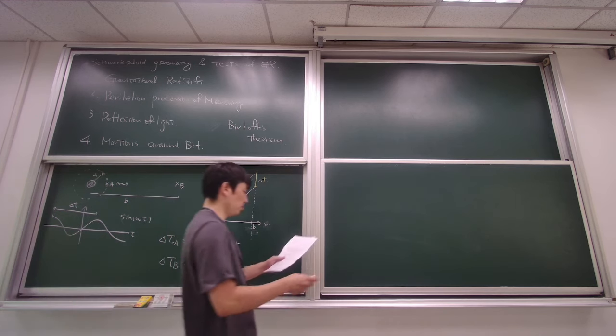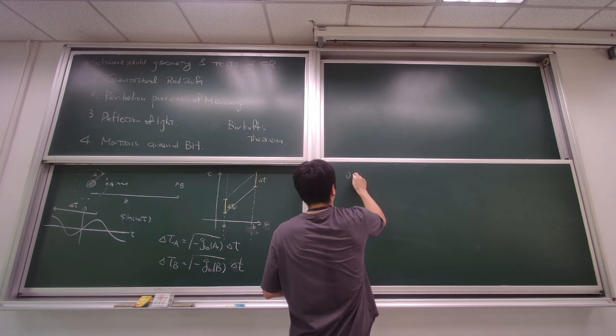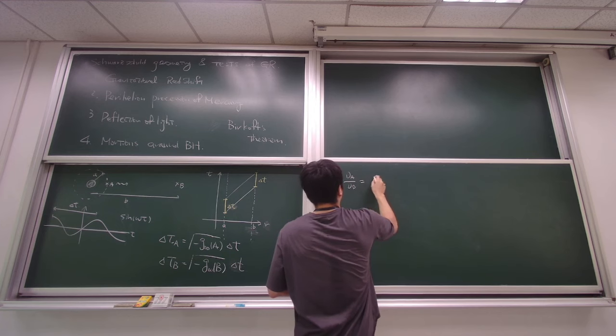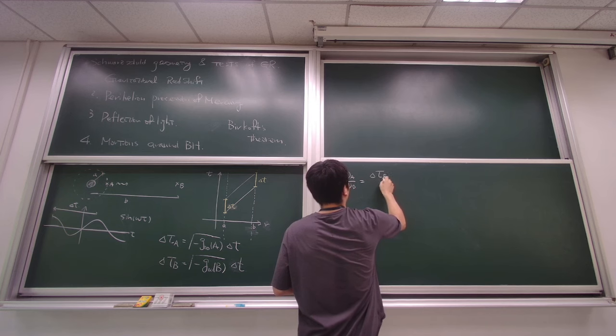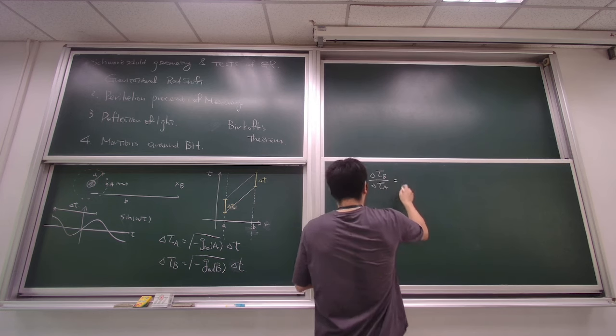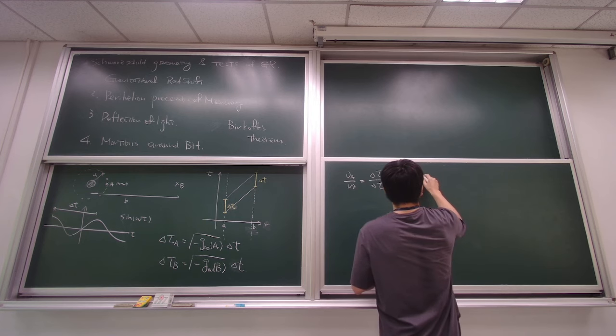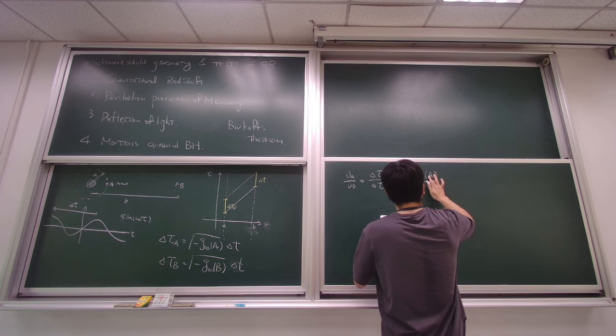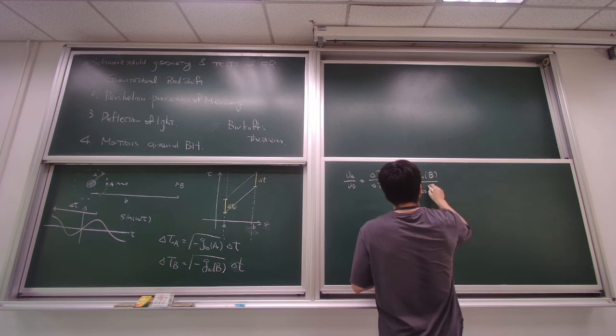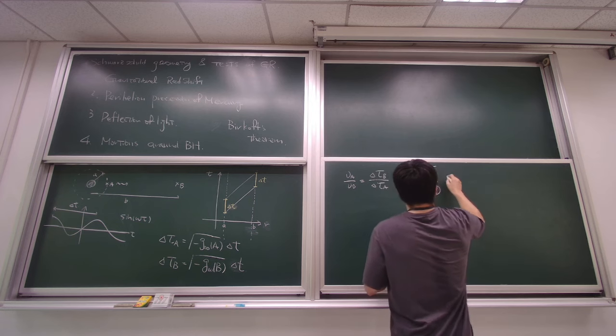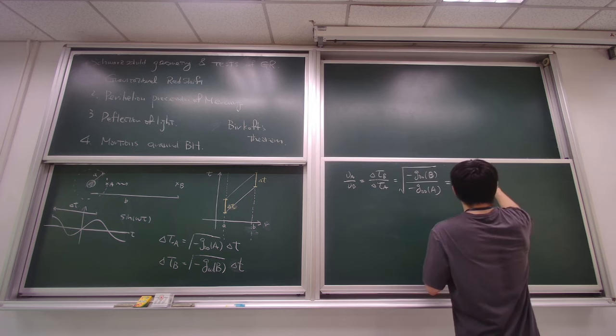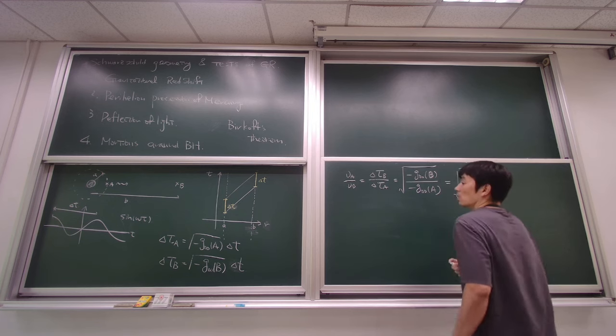Therefore, if you compare the frequencies nu A and nu B, which are inversely proportional to the proper time, that gives you the ratio of the g00 components of the metric, B over A. Then it is the square root of 1 minus r_g over b, over 1 minus r_g over a, in the Schwarzschild metric.